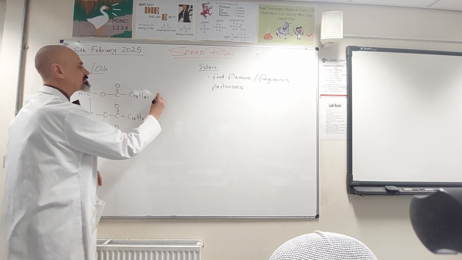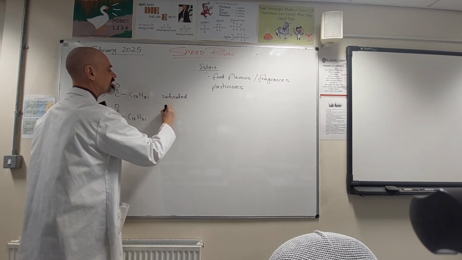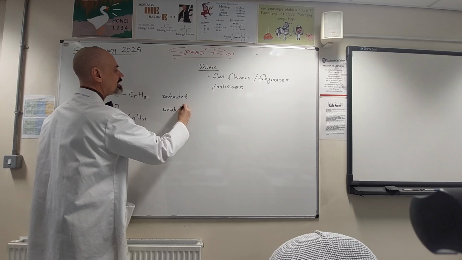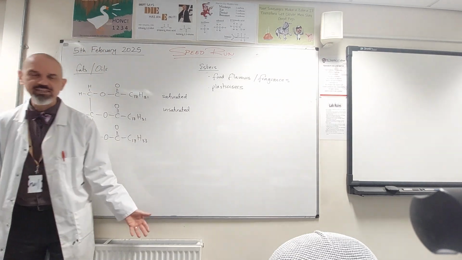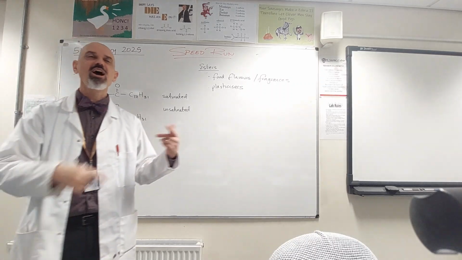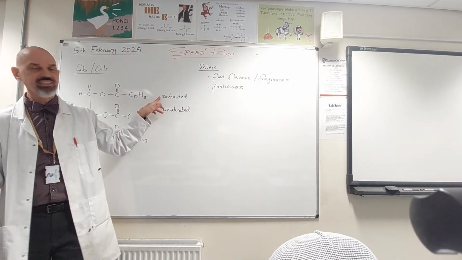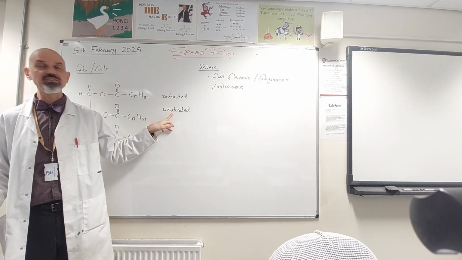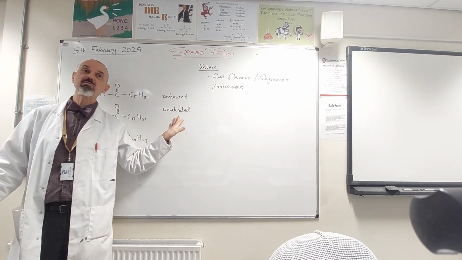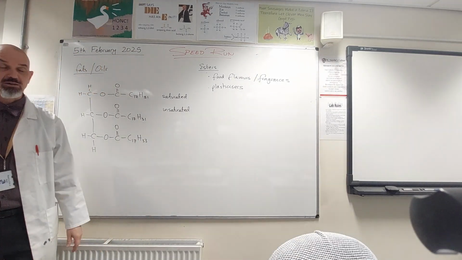And this long chain of carbons can be saturated or unsaturated, which means exactly the same thing as it means in chemistry. I mean, this is chemistry. When we talk about saturated and unsaturated fats, we mean saturated fats have very, very few carbon-carbon double bonds. Unsaturated fats have more carbon-carbon double bonds. Polyunsaturated fats have many carbon-carbon double bonds.